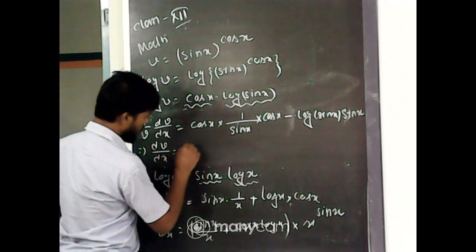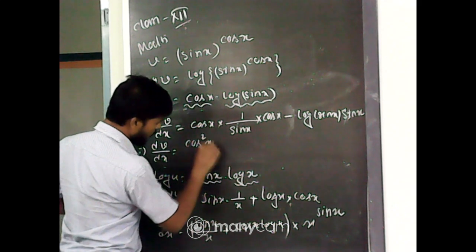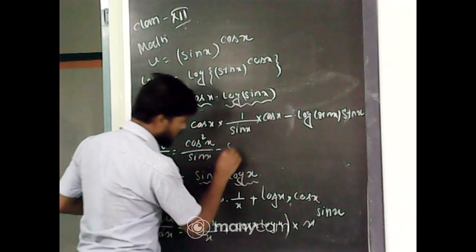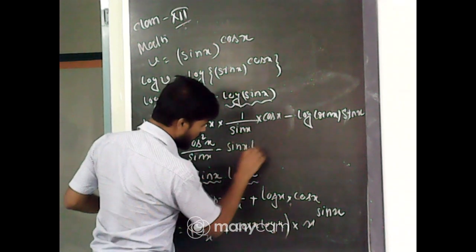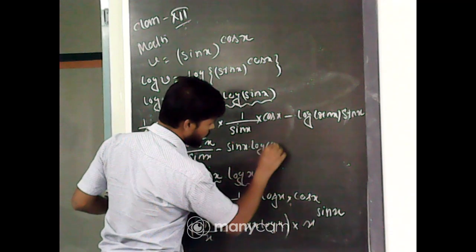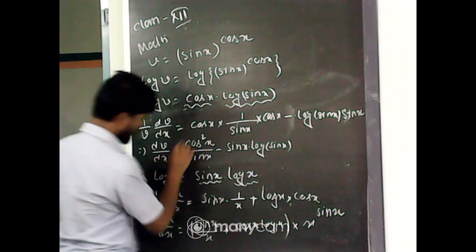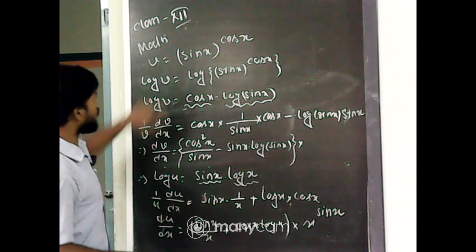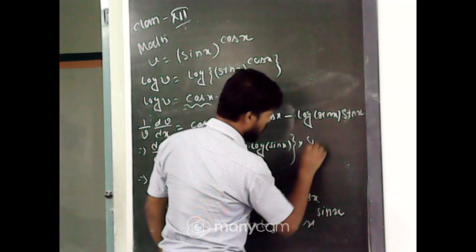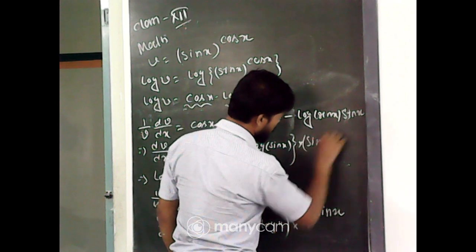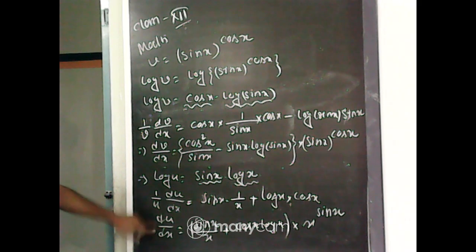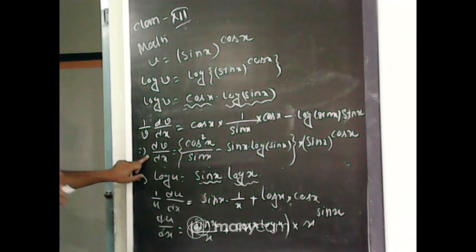So from here dv/dx is cos square x/sin x minus sin x into log of sin x, into v, and the value of v is sin x to the power cos x. Now du/dx is known, dv/dx is known. Put these two values into equation number 1.